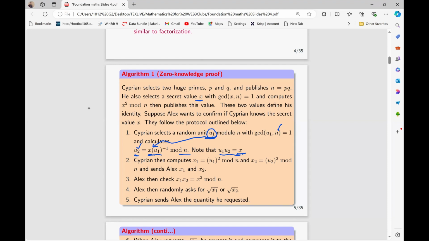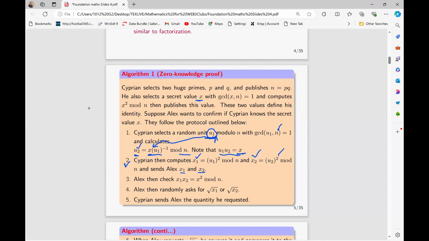Now he goes to the next step. He gets the square of u1, call it x1. Then he finds the square of u2 and calls it x2. He sends to Alex x1 and x2.